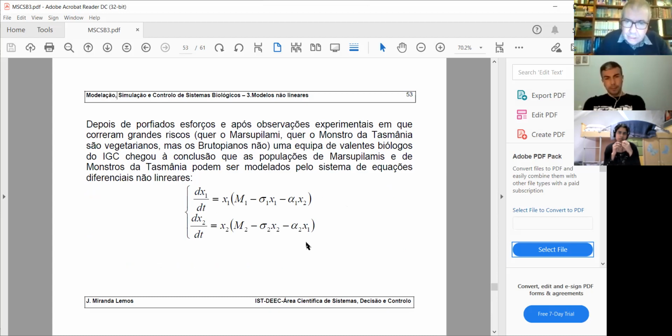So what type of analysis would I make to show that both species will actually live together, and if there is some perturbation, they will return to this equilibrium? So what should I do?